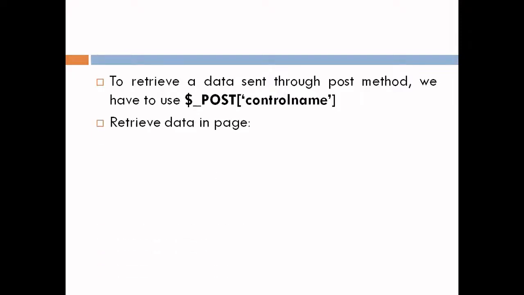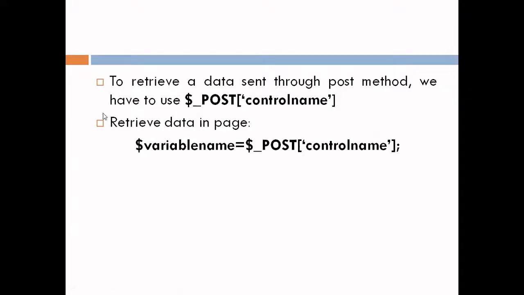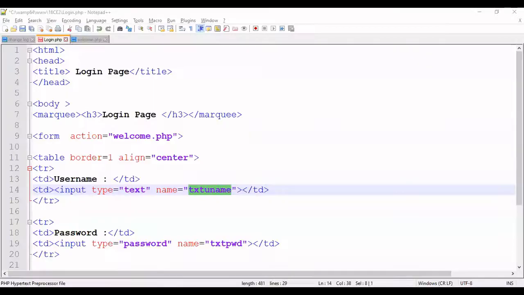So to retrieve data in a page, we use this syntax: $variablename = $_POST['controlname']. The data retrieved through the post method is stored in the variable, and that variable we can use to display the value as well as to store the value in a database.